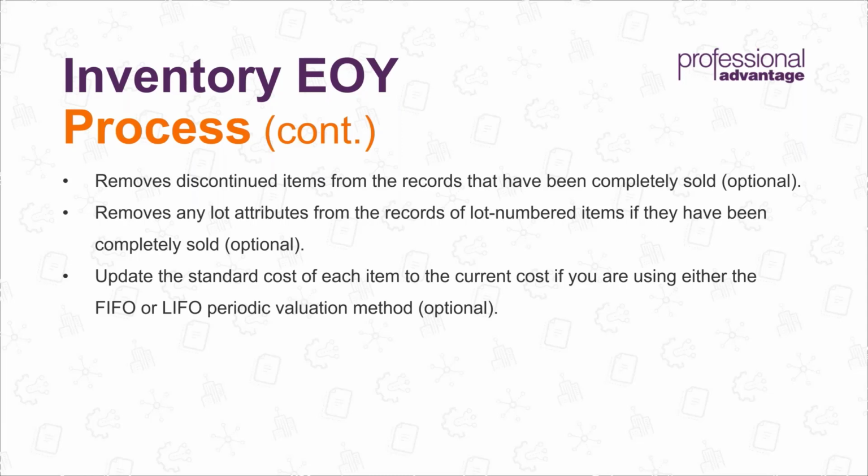It also updates the standard cost of each item to the current cost if you are using either FIFO or LIFO, first in first out or last in first out, as your inventory valuation method. So very busy when we click a button to kick off the year-end process.